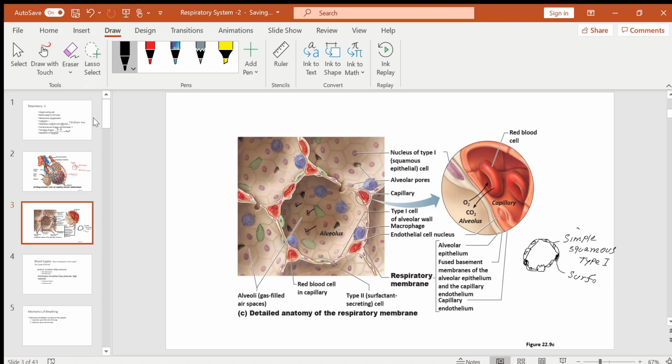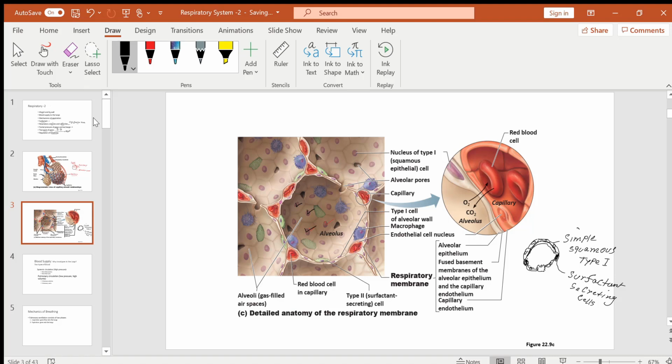Okay, and these are surfactant secreting cells. That means these cells secrete surfactant, a fluid. I mentioned before, a thin layer of fluid is present on the inner surface of the alveolar wall, like this, a thin layer.